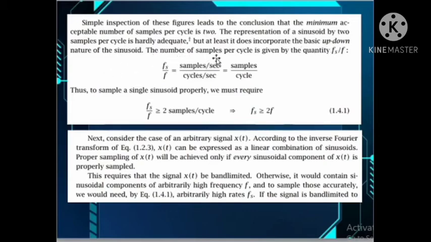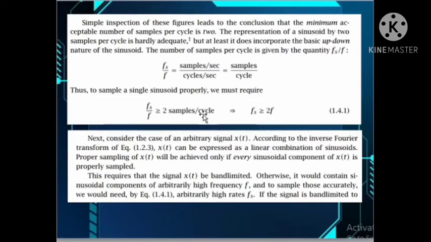The number of samples per cycle is given by the quantity fs over f. So samples per second over cycles per second equals samples per cycle. Thus, to sample a single sinusoid properly, we must require fs over f greater than or equal to 2 samples per cycle.